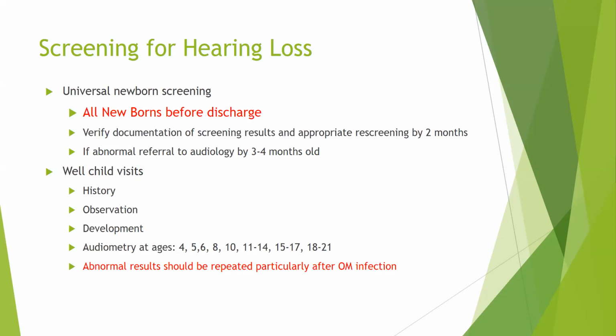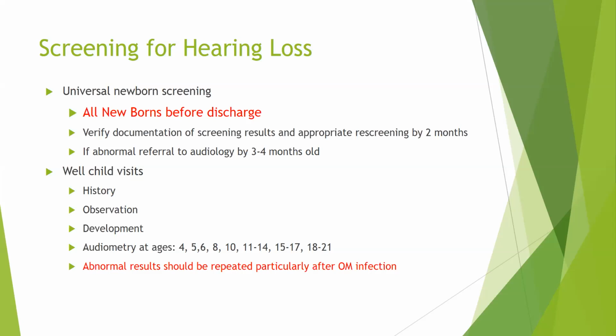Other times that we check for hearing loss are during well-child visits. We want to always get a good history. We want to observe. We want to watch their development because this can be a sign of poor hearing, and we want to capture this early so that the child is not affected in their development.